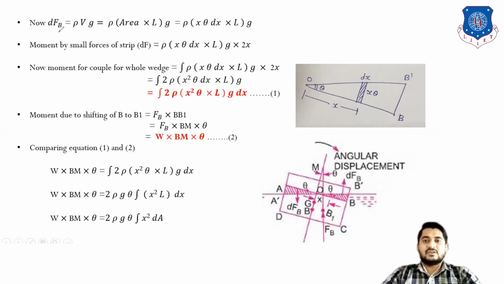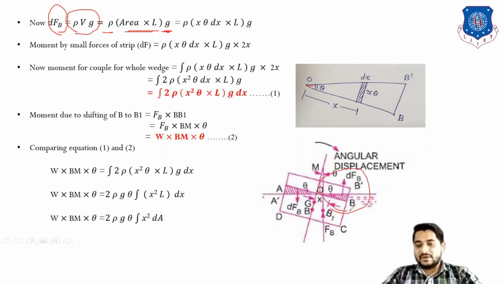For dFB, the buoyancy force is equal to rho V g. So rho, for volume, area into length, and into g. For area and volume, let us draw this section at the outer side. Our main sketch is this, as shown. Here we draw OB dash at the outer side for better understanding. It is theta, a small angle, and x is the distance of the small strip, whose width is dx.